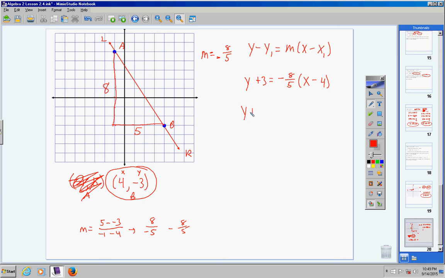And now here we go. Take your negative 8 fifths and multiply it through. Negative 8 fifths times x is negative 8 fifths x. Negative times a negative is positive, and you'll get 32 over 5. Now, if you struggle with fractions, for the 100th time, I'm going to keep saying this. Use your calculator, okay? So you would type into your calculator, parentheses, then the little negative button, that's the bottom row.